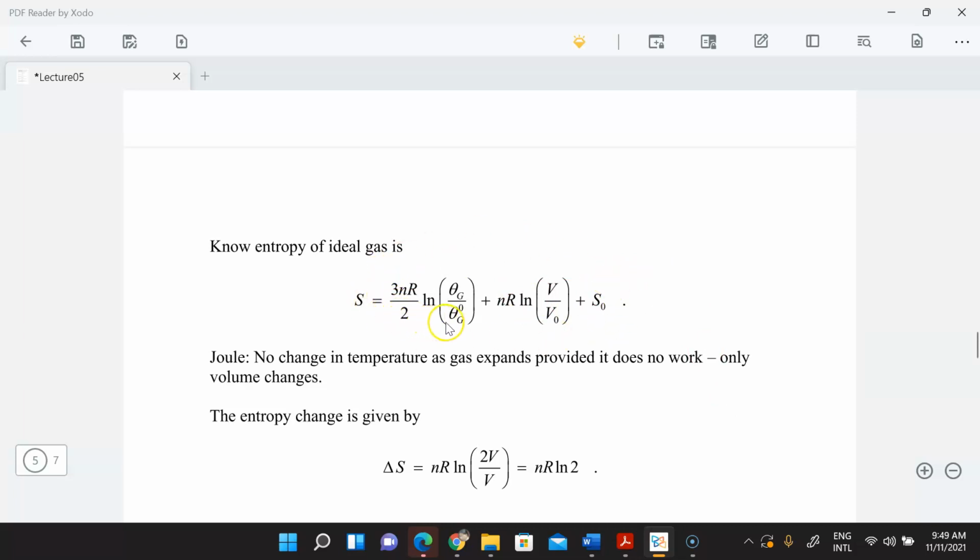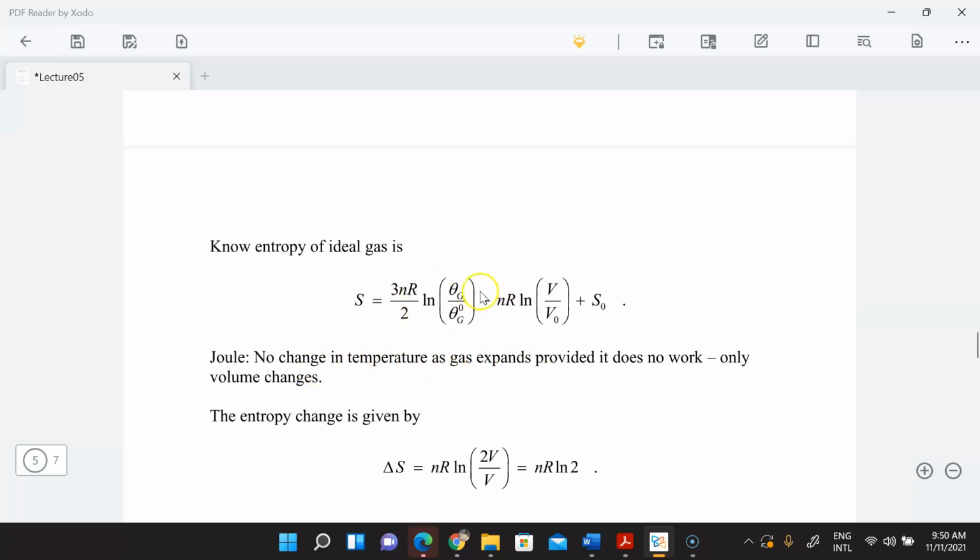The other thing one needs to see over here is that there are two different thermodynamical variables, theta and V. One can actually do an experiment in which the gas expansion doesn't bring any change in temperature. This is the experiment by Joule.